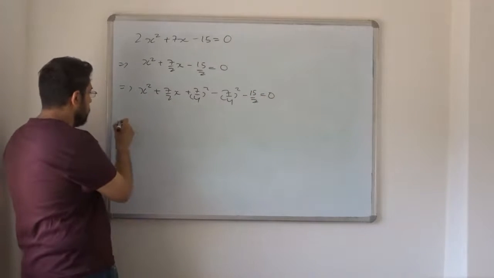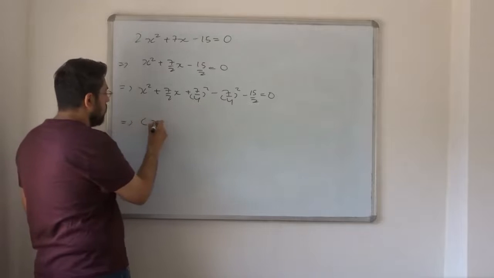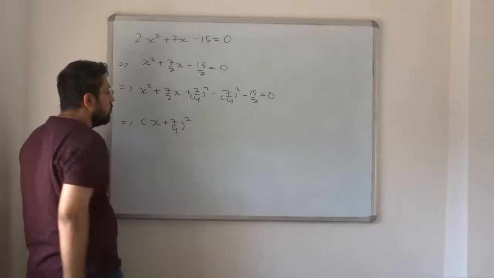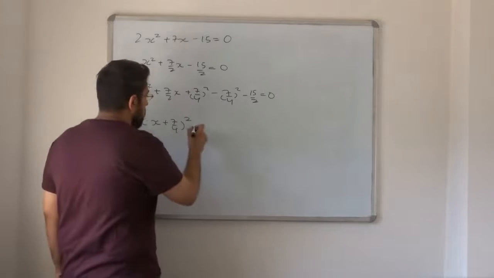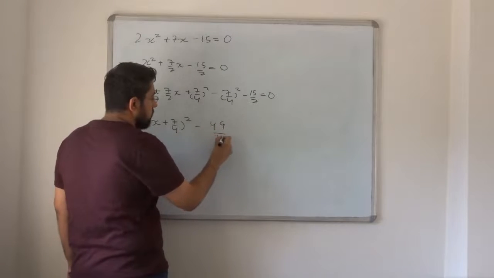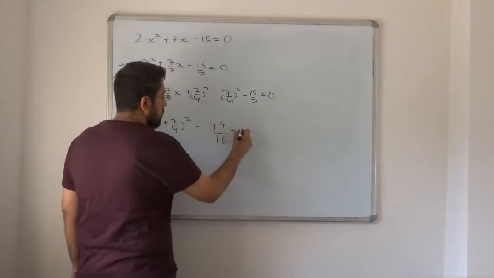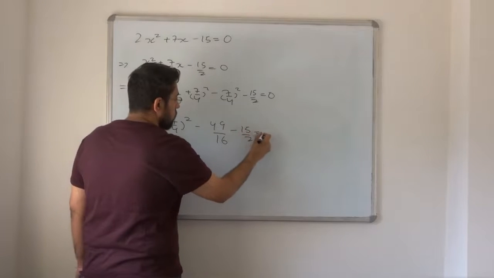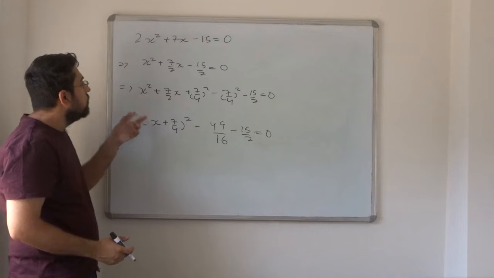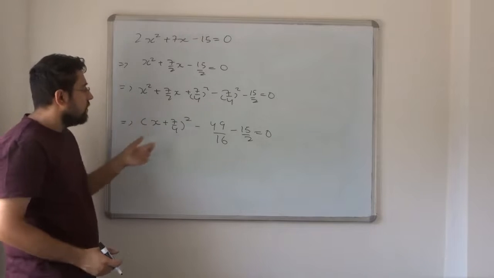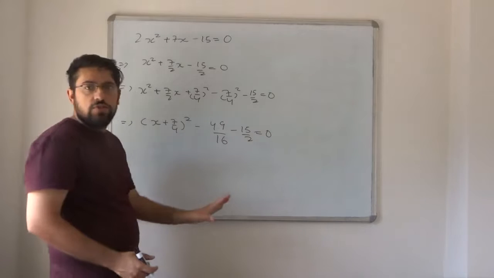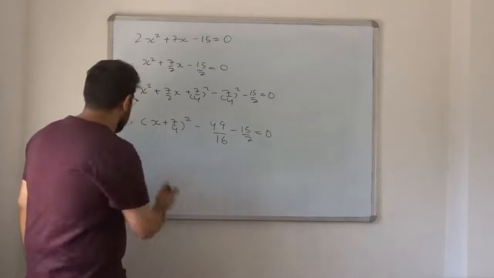So now over here you're going to have 7 plus 4 squared. Fortunately I'm not going to make any mistakes now. 49 minus 16 minus 15 upon 2 equals 0. I'm sure you know how I went from here to there. So let's do these 2-3 examples very fast.